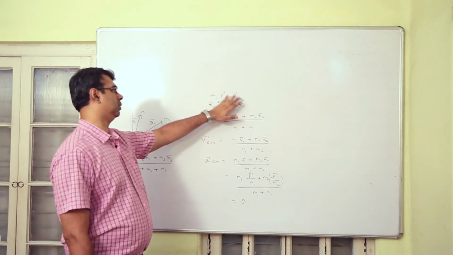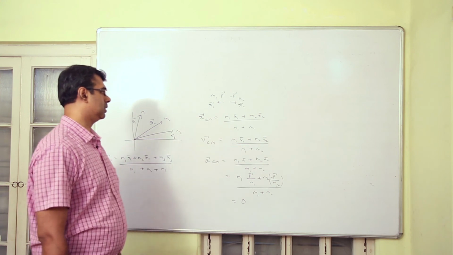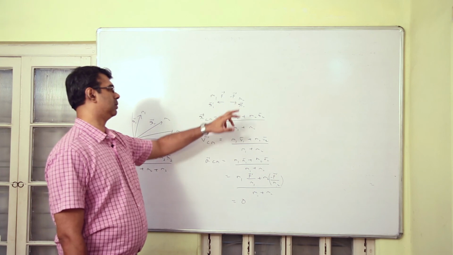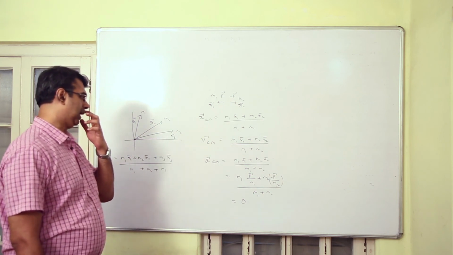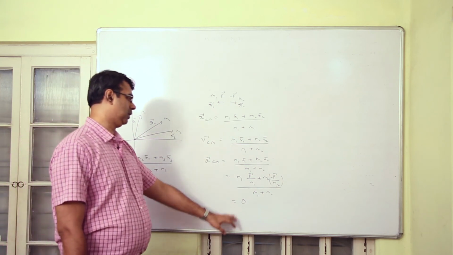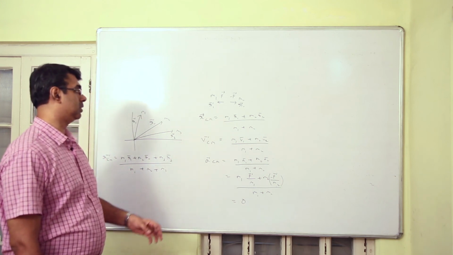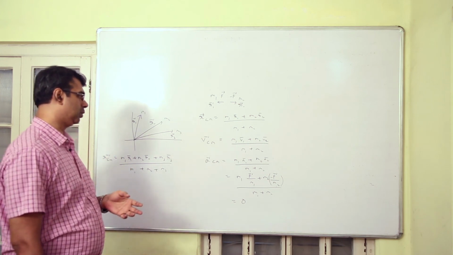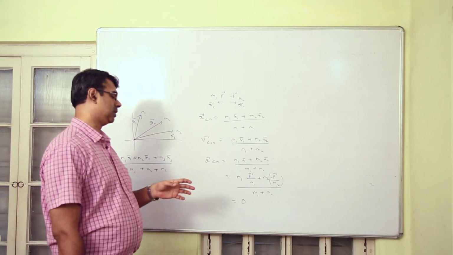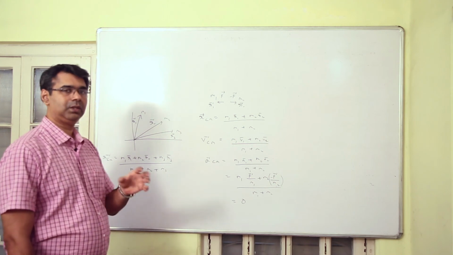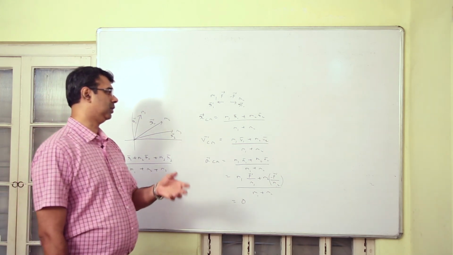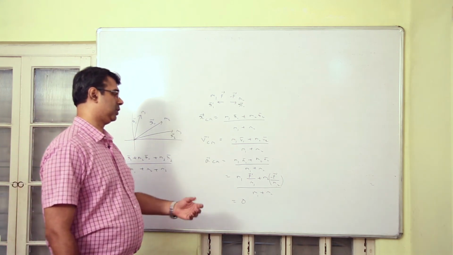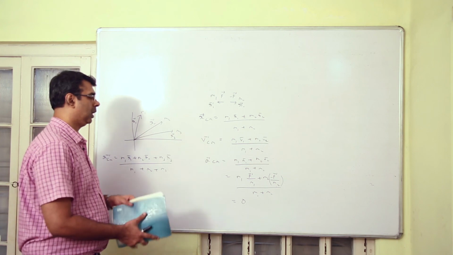So in this scenario, if these two bodies of masses m1 and m2 do not have any external force and the only force between them is internal, in that case the acceleration of center of mass will be 0, which means that if these two bodies were originally at rest, then they will continue to be at rest. But if they were having some motion with a particular velocity, let's say, then they will continue moving with the same velocity. So this is actually a manifestation of Newton's first law.